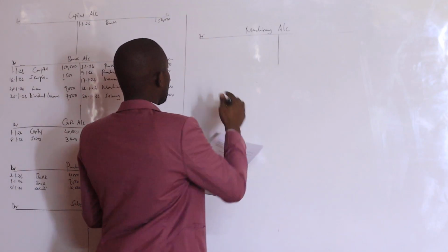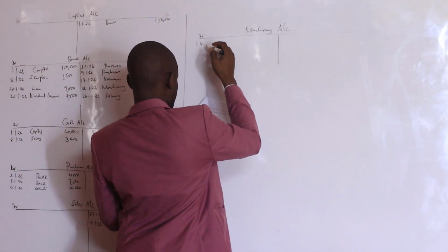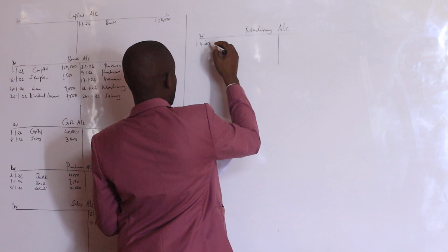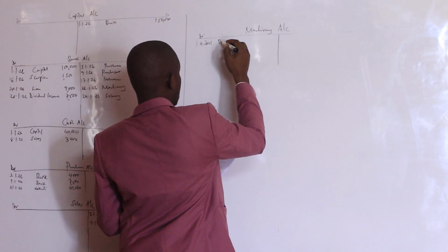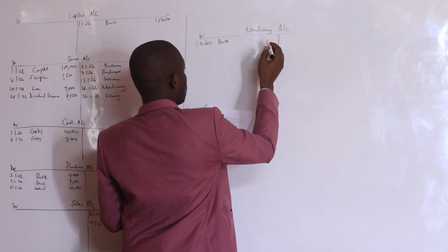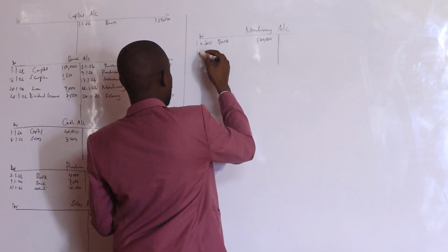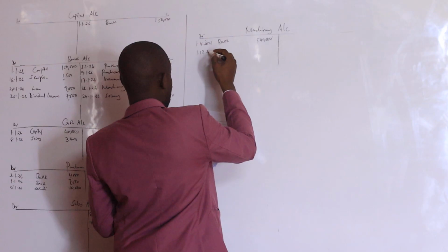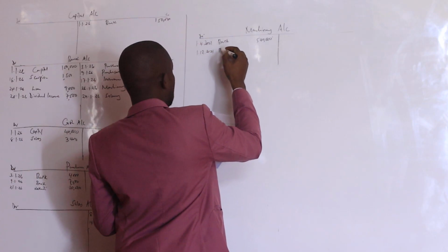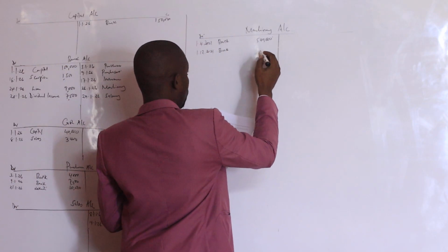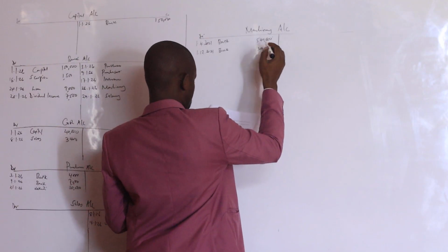We have on 1st April 2021, we had a bank 540,000. And then we have on 1st December, same year, bank again, we bought another one of 100,000.